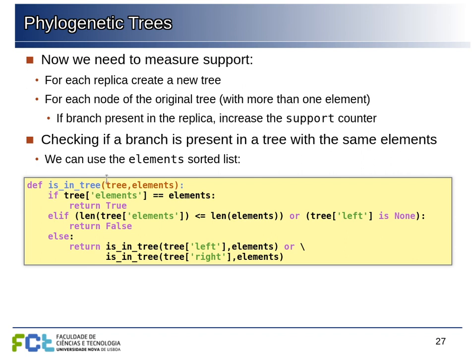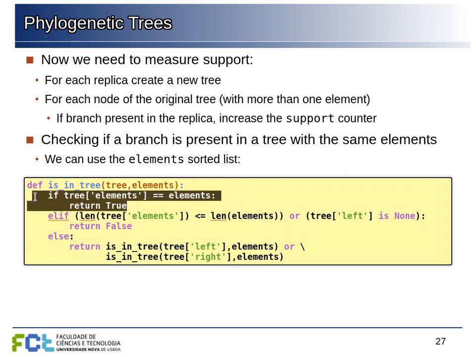So if we receive here a tree, which can be the large tree or any subtree, any branch, and a sorted list of elements, we can check if this branch corresponds to grouping these elements together by comparing the elements entry in our tree dictionary with this list of elements. So if it's the same, it means that this branch, this tree, contains exactly grouped together these elements. So in this case, we return true.